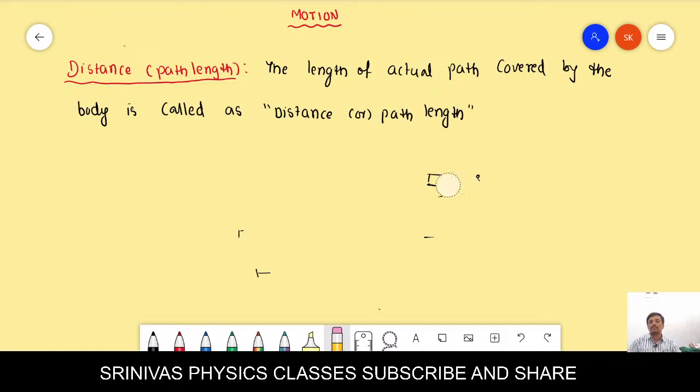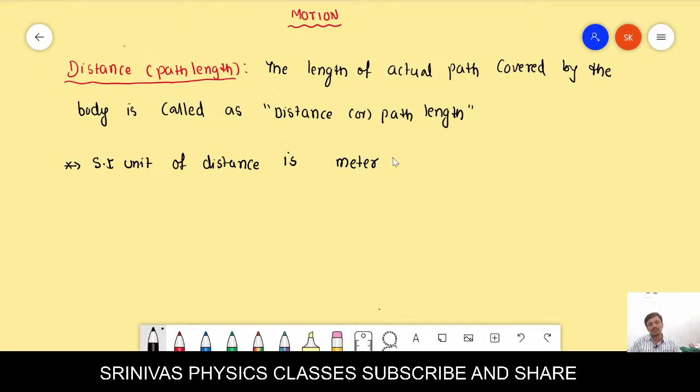For that purpose, listen very carefully, and I will give some points related to distance. Okay, the SI unit of distance or path length is meter.